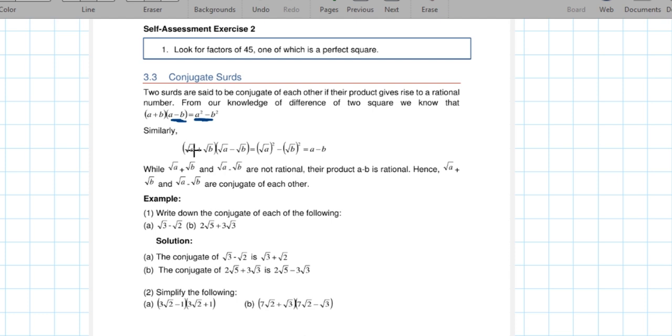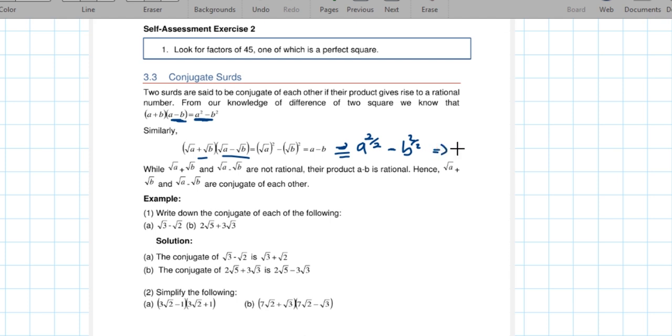But then we are talking about surds now. Looking at what we have here, this is the conjugate of this, and this is the conjugate of this. If we multiply, we get a square minus b square, which is equivalent to a to the power of 2 over 2 minus b to the power of 2 over 2.